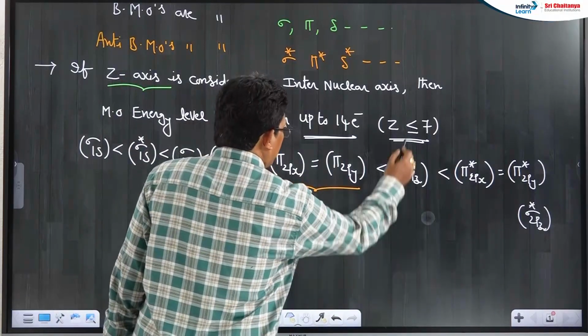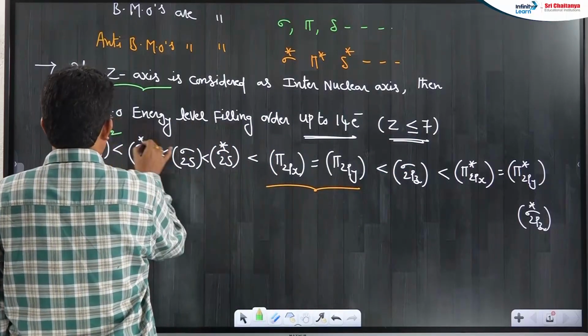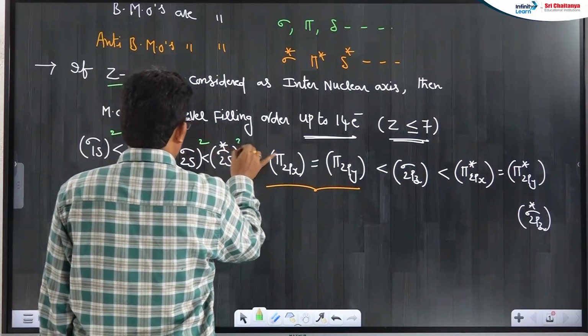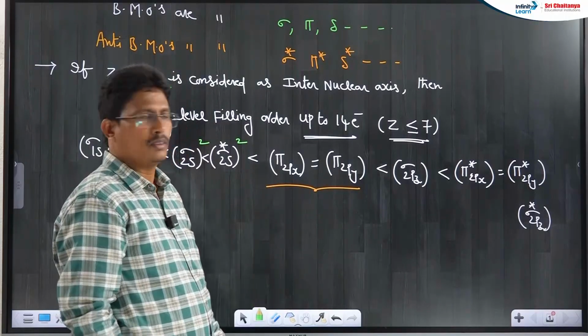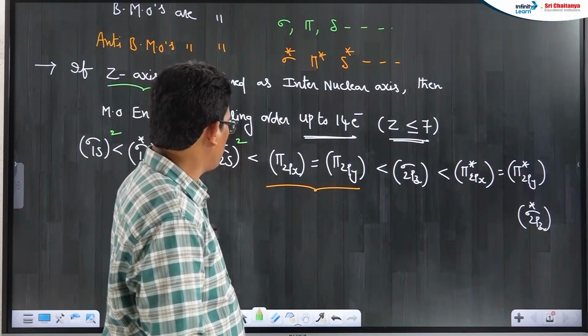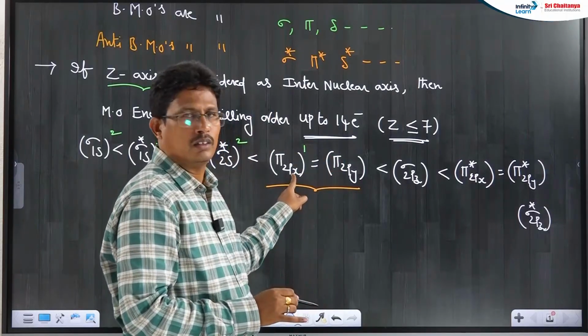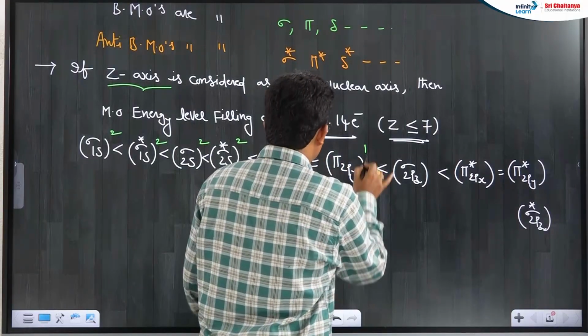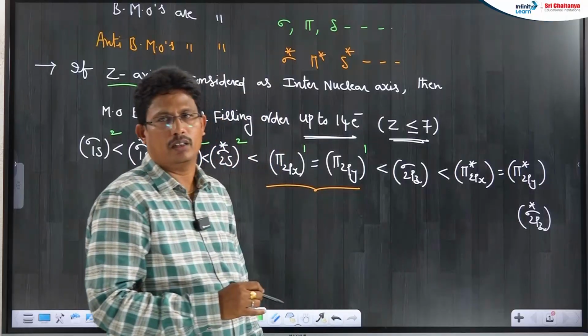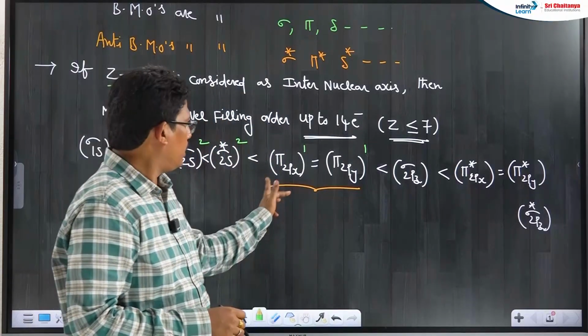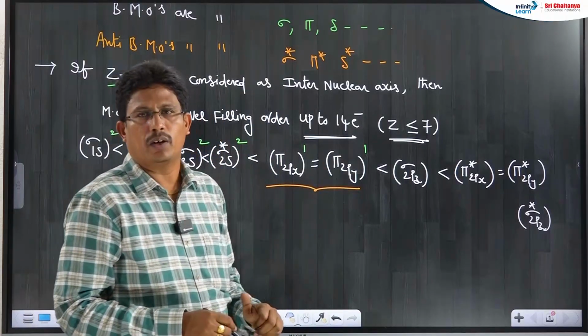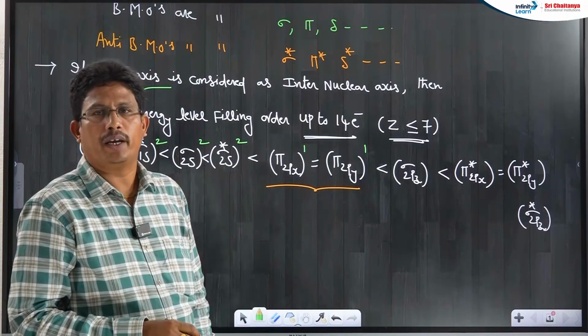So filling 14 electrons into the above orbitals, each orbital gets 2 electrons up to sigma star 2s2. Then pi 2px1 takes the 9th electron and the 10th electron goes to pi 2py, because these two are degenerate orbitals. Each degenerate orbital is filled with 1 electron, then only pairing takes place.